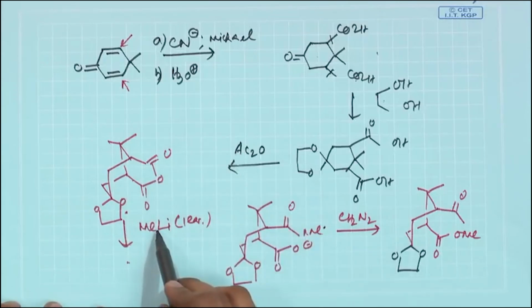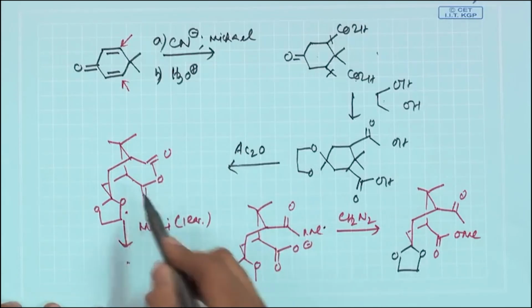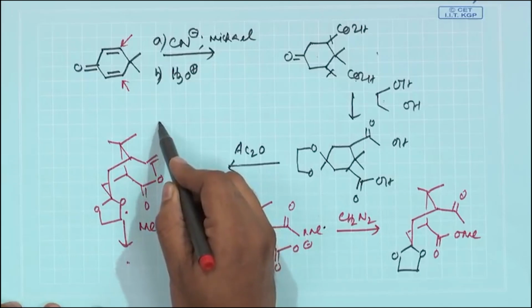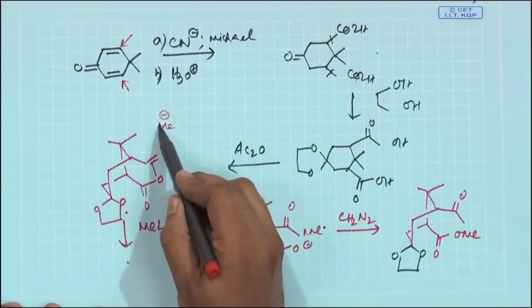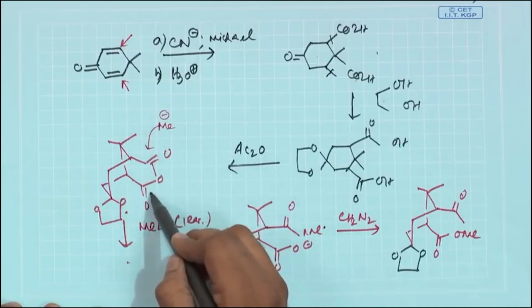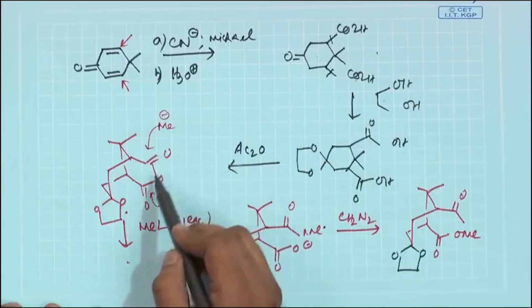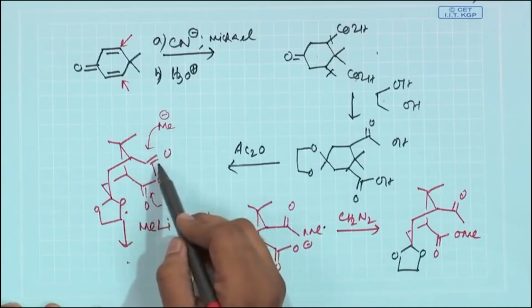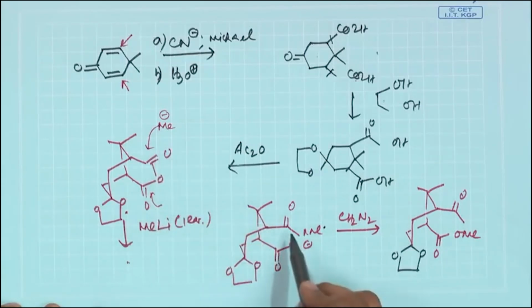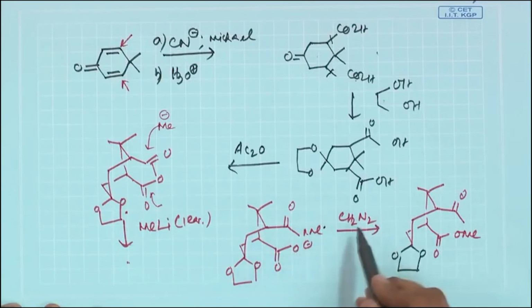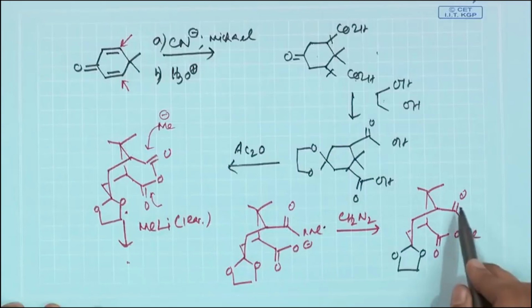So, if you react with methyl lithium, 1 equivalent, symmetrical, the methyl lithium acting as Me minus will attack here or attack here. It will give you O minus Me, then it opens up to give you the ketone and the corresponding carboxylate anion. You immediately trap with diazomethane to give you this COMe, CO2Me.